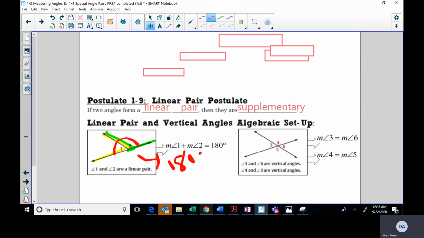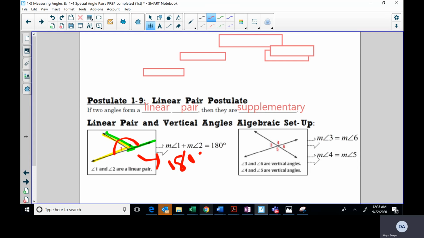What will be the linear pair algebraic setup? That means you will add both angles, angle 1 and 2 together, and it will be equal to 180 degrees. Angle 1 and 2 together will add up to 180 degrees. This is implied by the linear pair postulate.